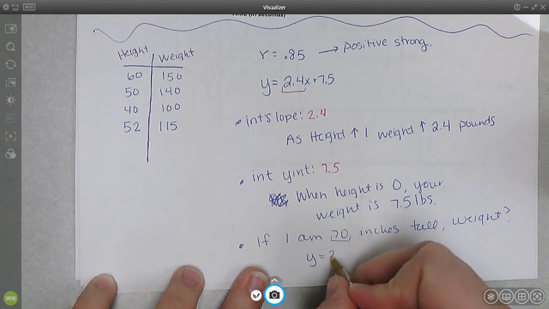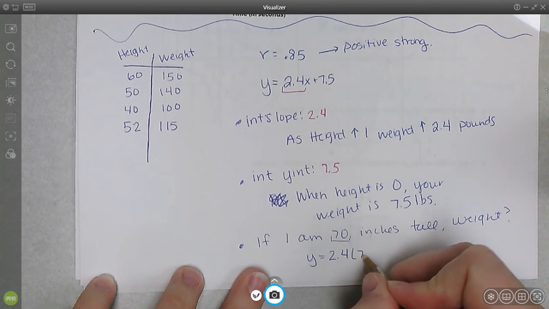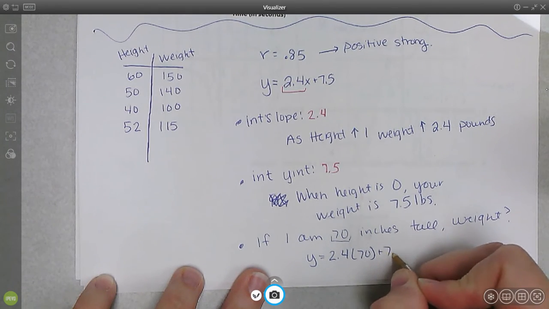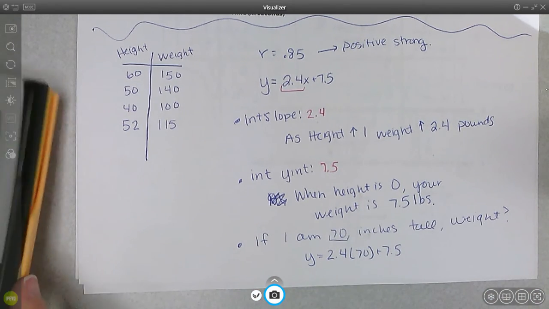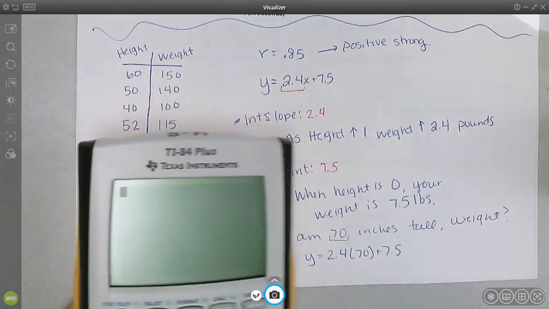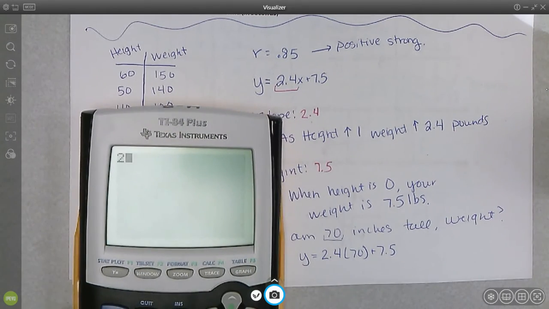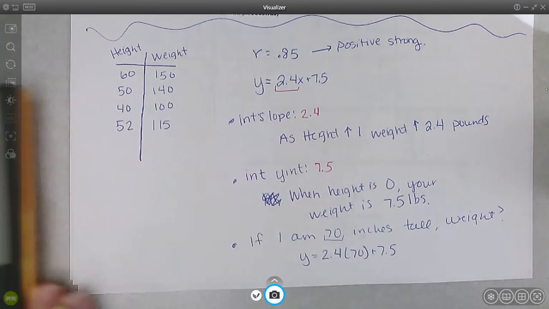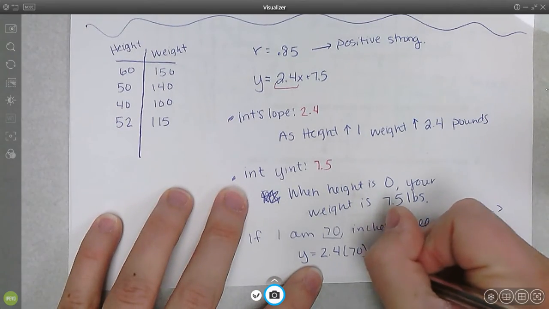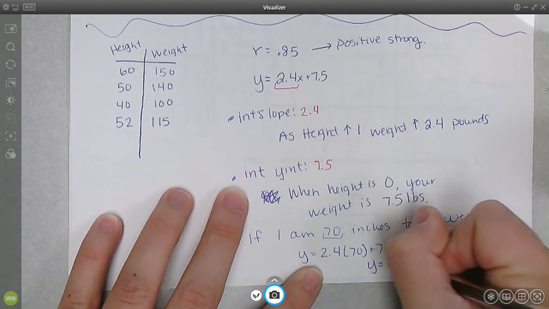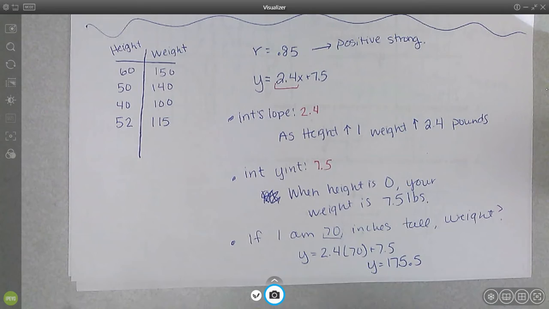So you have y equals 2.4 times 70 plus 7.5. So if I type that into my calculator, 2.4 times 70 plus 7.5, I get 175.5. And that is all you have for your review.